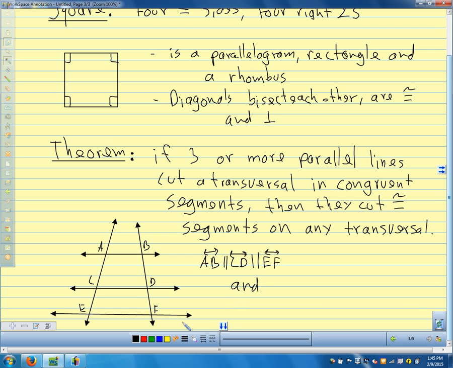And AC is congruent to EC. So we have these 3 parallel lines, and they're cutting this segment into congruent segments. This line into congruent segments. Then they cut any transversal into congruent segments. Then BD is congruent to DF.